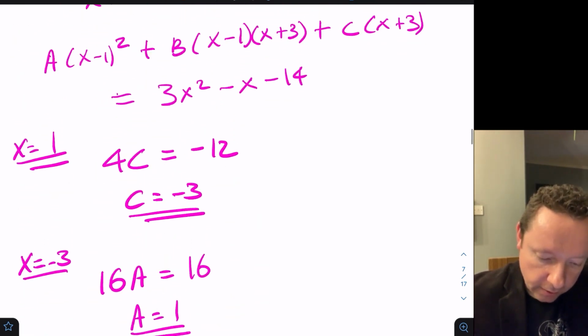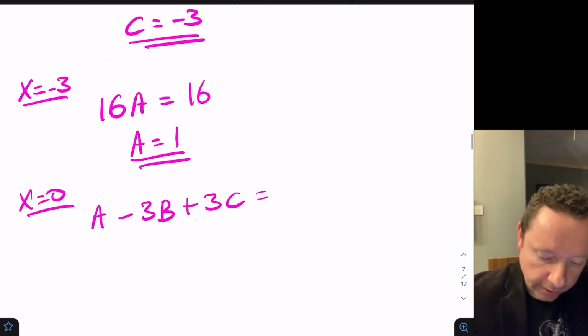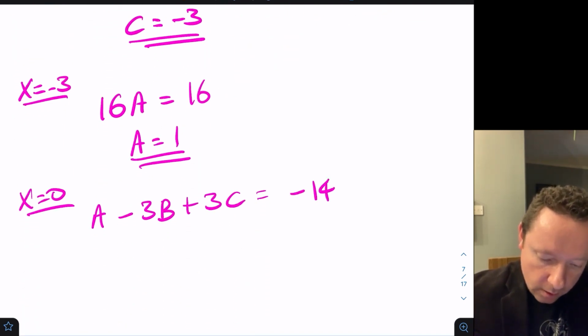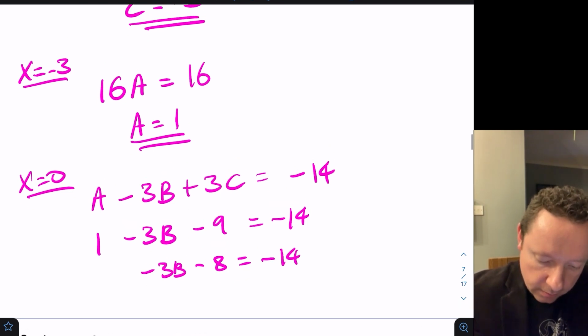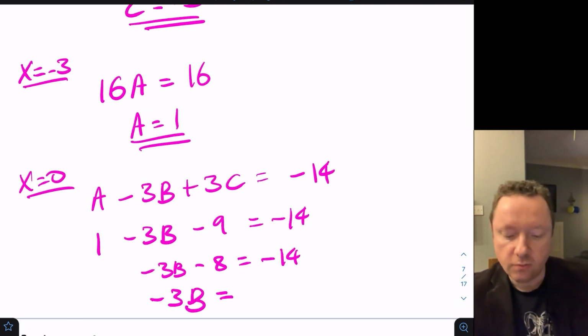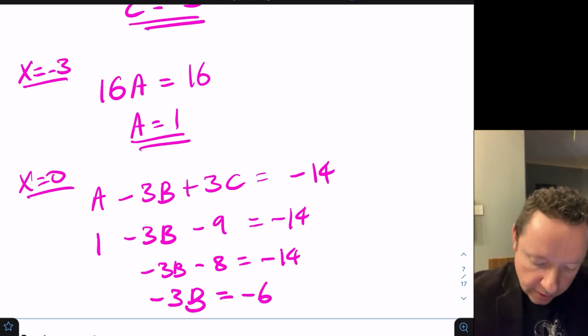And on the right, we get minus 14. So A is 1, minus 3B, and then 3 times minus 3 is minus 9, equals minus 14. So 1 minus 9 is minus 8, so we get minus 3B minus 8 equals minus 14. So minus 3B equals minus 14 add 8, minus 6. So B is equal to 2.